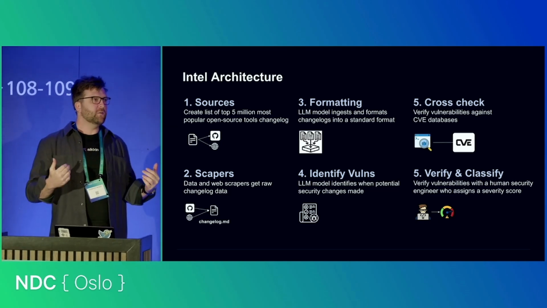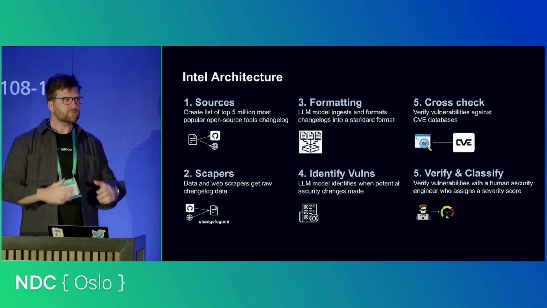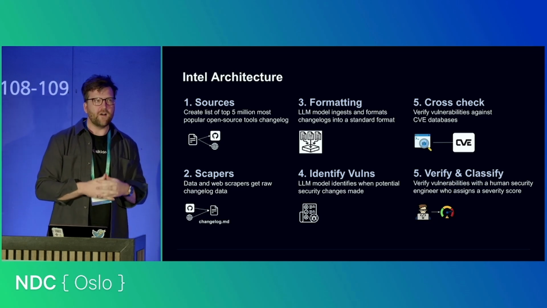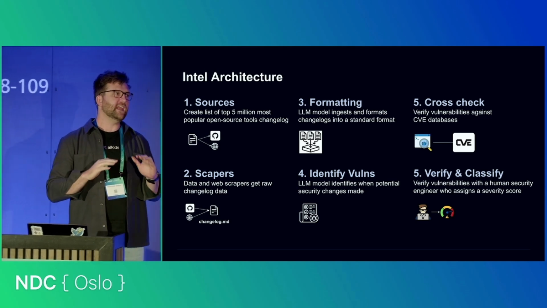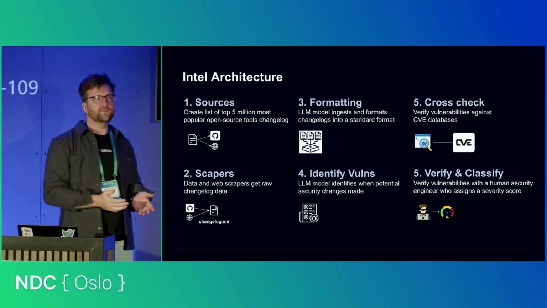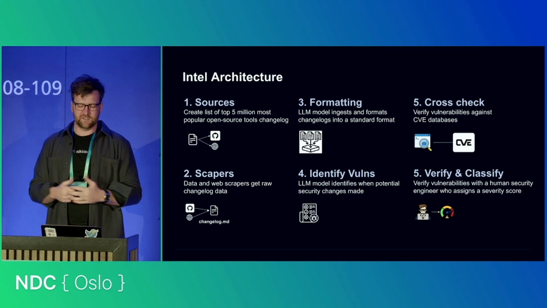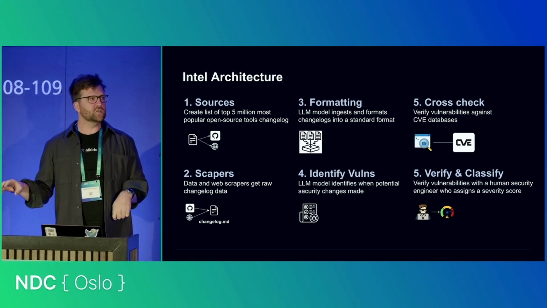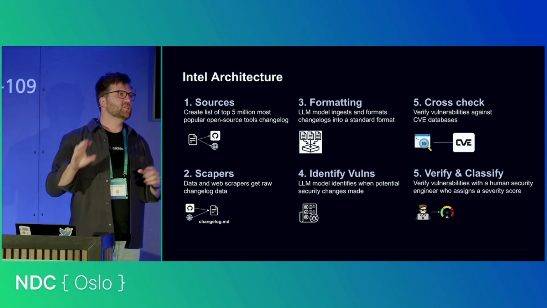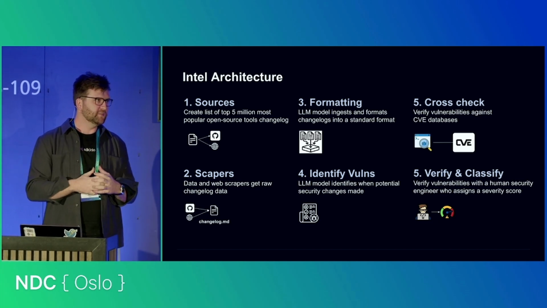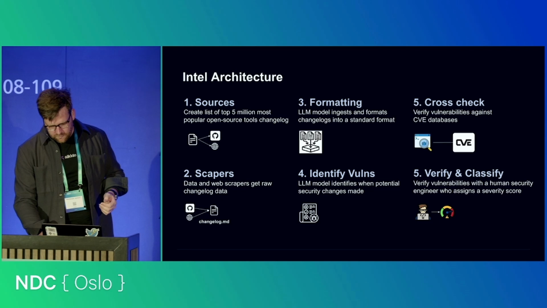We then cross-check that with the CVE databases to see if there's any identification of vulnerabilities. And then finally, we have a human in the end who actually confirms the vulnerability and gives it a severity score based on a scoring process that we have. So we still need a human in there, but the human component is far more reduced because of the LLMs.